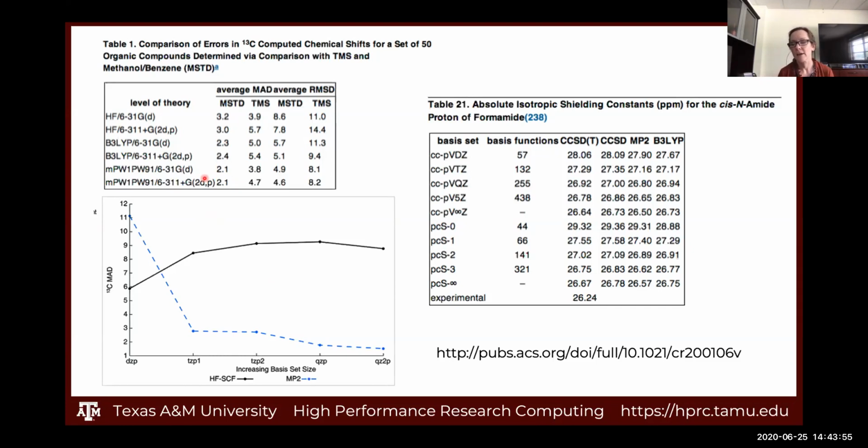You get larger errors with carbon-13, and for the heavier elements, the errors get even larger. So this paper just goes through the different quality of results that you might get for the different levels of theory.